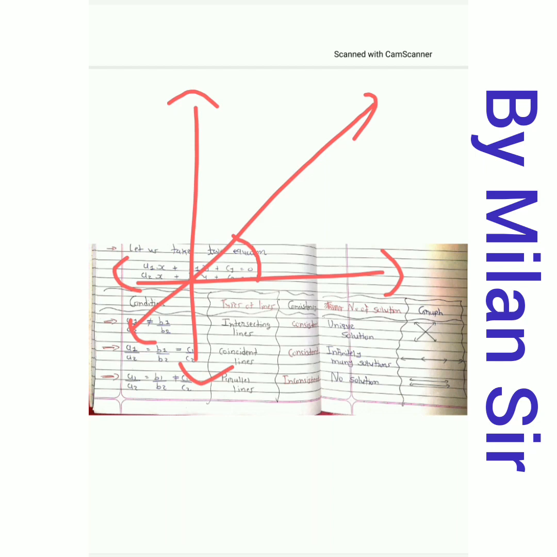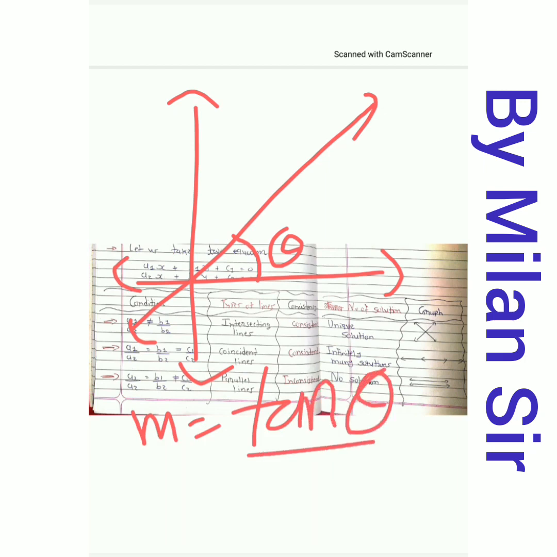If this angle is theta, then the slope m is equal to tan theta. M denotes the slope of the line.